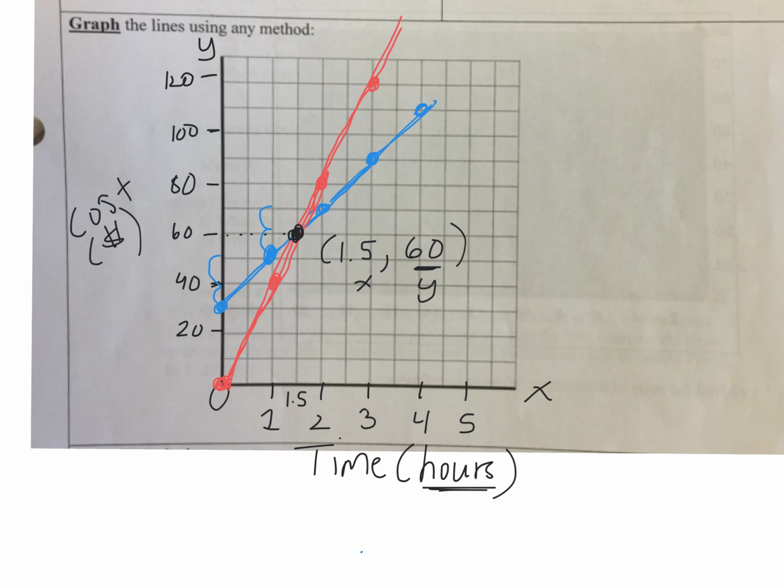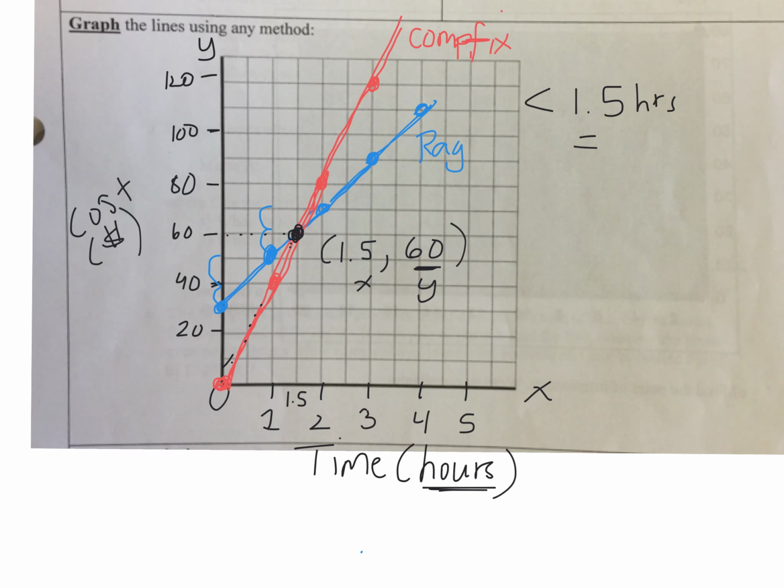But what happens if you are using less than, so I'm going to go below 1.5, less than 1.5 hours? Who is cheaper for less than 1.5 hours? Who will be cheaper? And let me just label this. My pink line represented Comfix, okay? And my blue line represented Raging Ram.